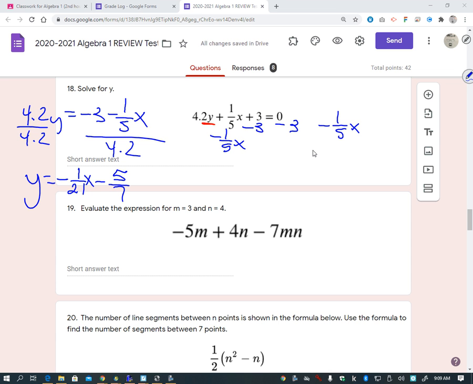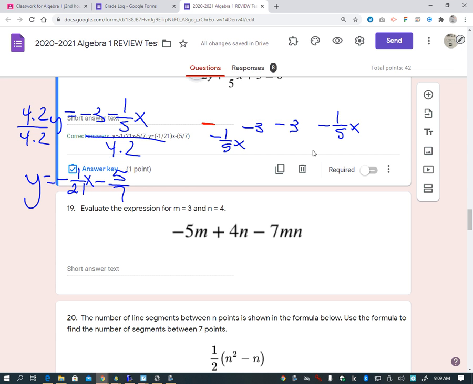Okay. Let's see what our answer says on this. Yep, it's got it there. The answer is y equals negative 1 over 21x minus 5 sevenths. They've got it in parentheses too, but that's not really necessary.